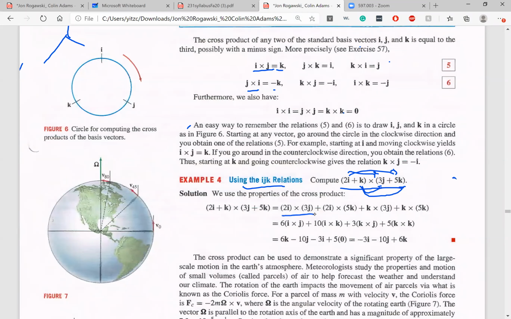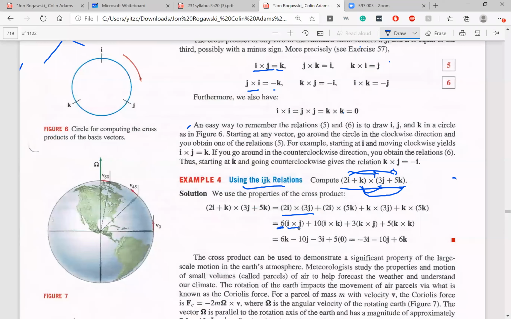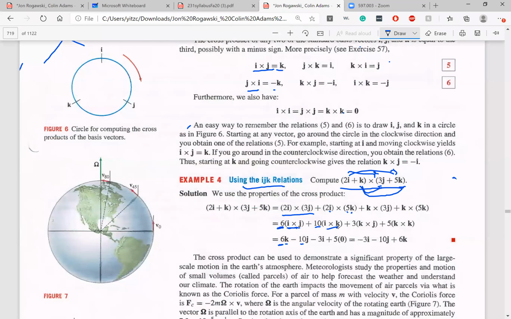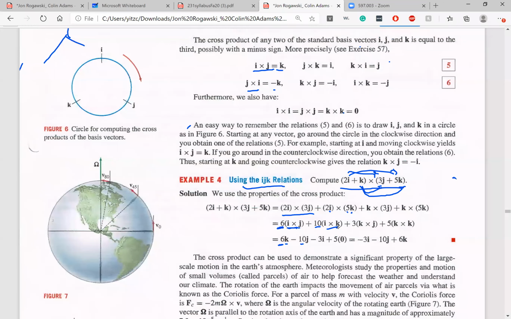Then 2i cross 3j becomes 6i cross j, and 2 times 5 and i cross k becomes 10 i cross k, and so on. Then over here we get 6k, because i cross j becomes k, minus 10j, because i cross k becomes negative j, and so on. And that's the resulting vector.